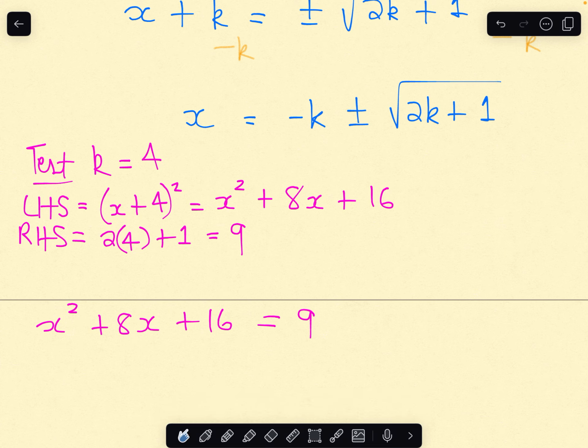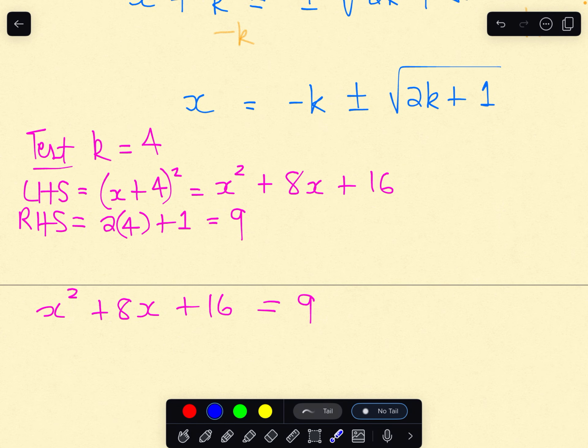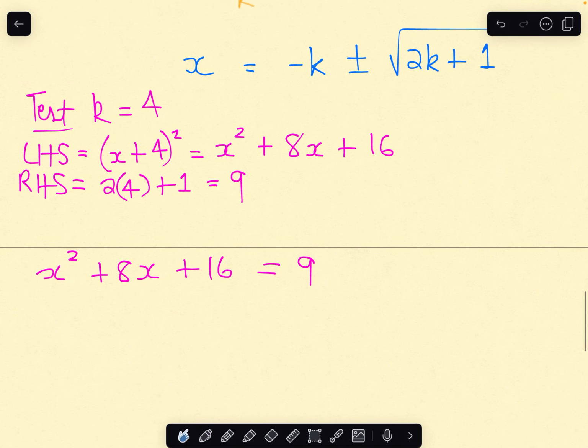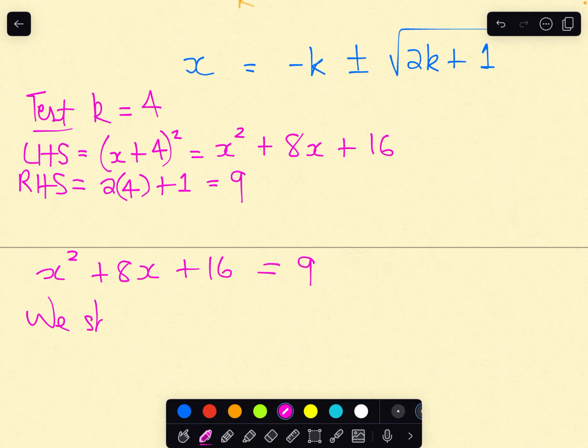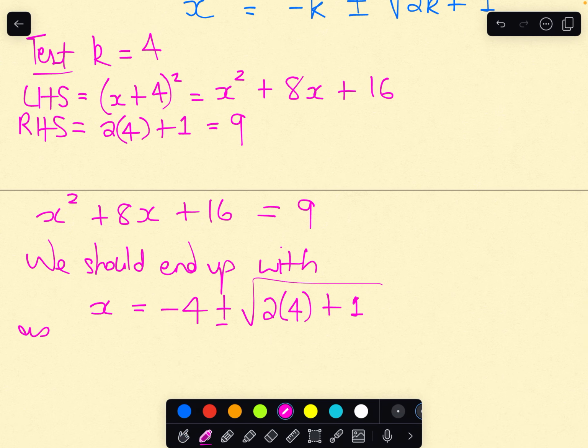Now what we want to see is, if we solve this equation, do we end up with these solutions? We should end up with x = −k ± √(2k + 1) as our solutions.